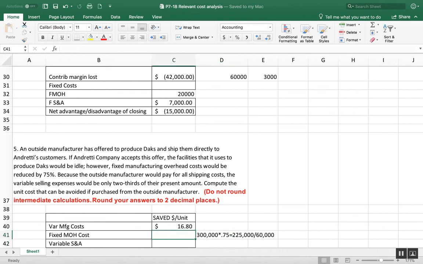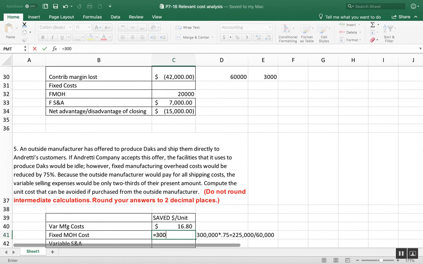Okay, so that's how much I'll be saving. So I'll go ahead and do that in a formula right over here. I'm going to take my 300,000 and multiply that times 70%, and then divide that by my 60,000. And that gives me $3.75 per unit of fixed manufacturing overhead.